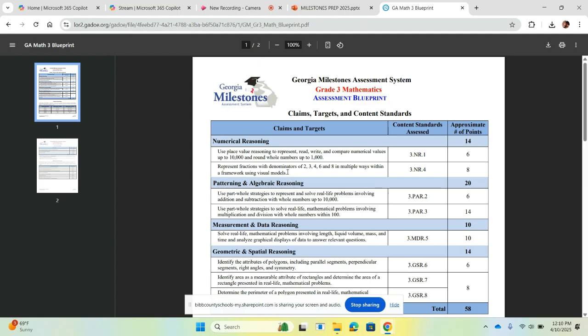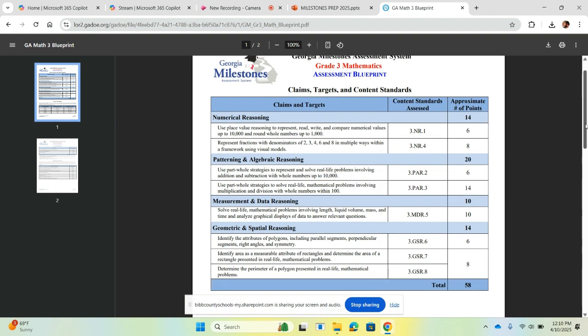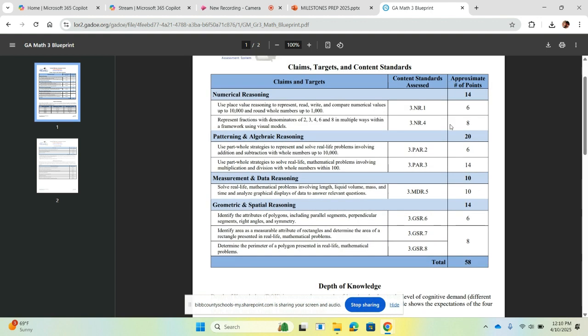And I'm going to try to give you some examples, also let you know some of the things that they're working on to prepare for these assessments. We're looking at approximately, there's going to be about 14 points that are going to be derived just from this numerical reasoning. The next part is going to be patterning and algebraic reasoning.